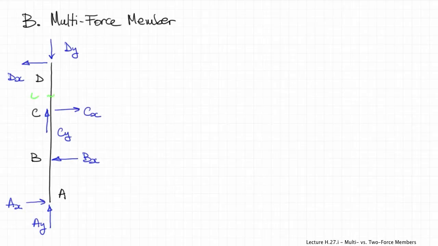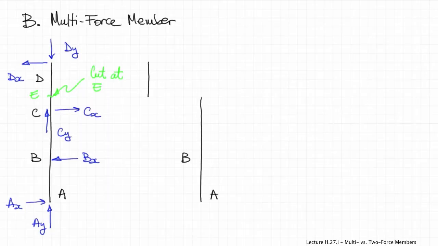In order to see what's happening inside this member, we can again make an arbitrary cut, for example at point E, and then we will draw the resulting free body diagrams. So this would be member DE and member AC. All we have to do first is to show again the existing forces on these members.